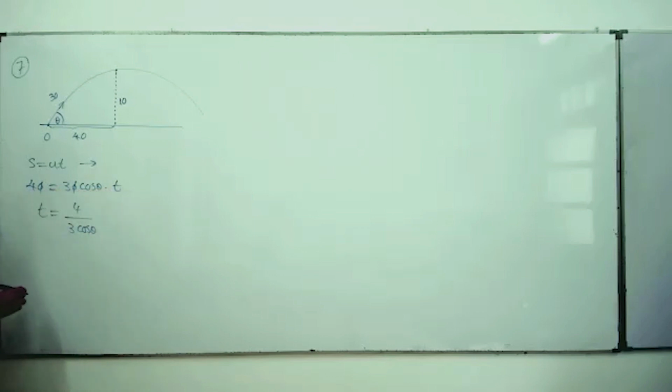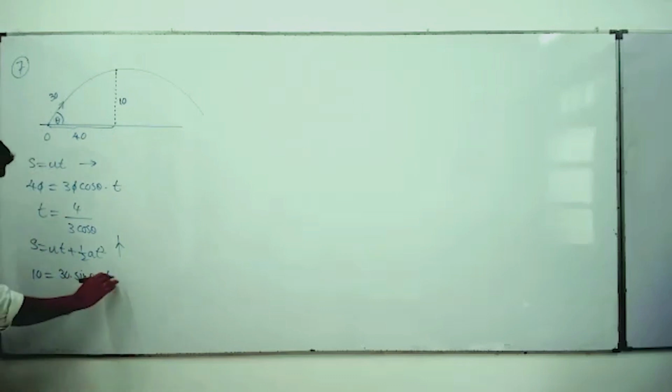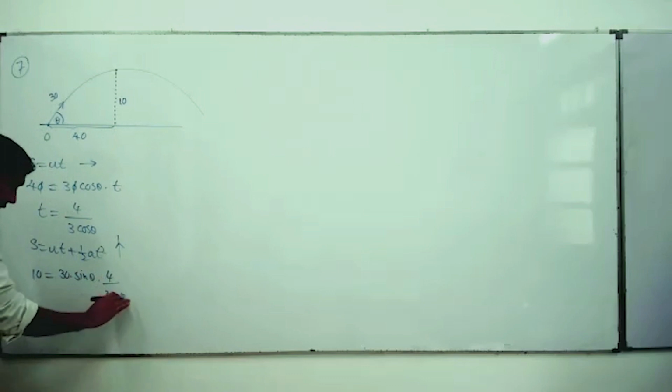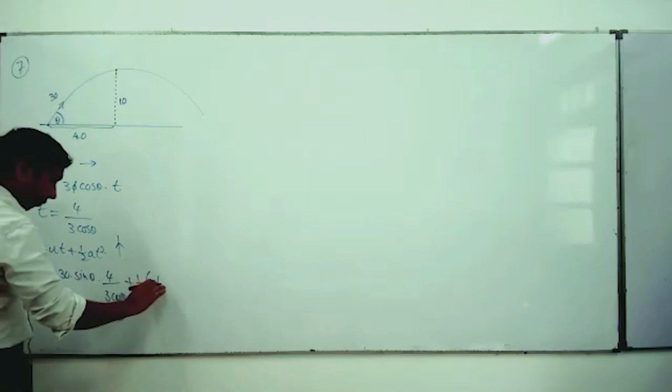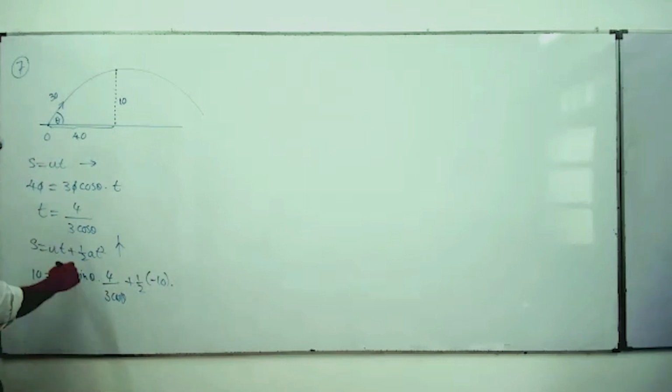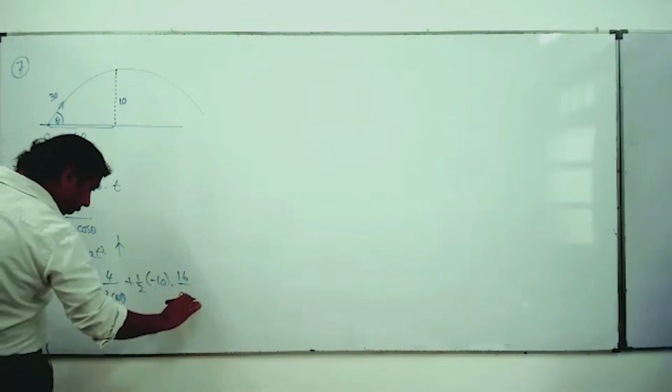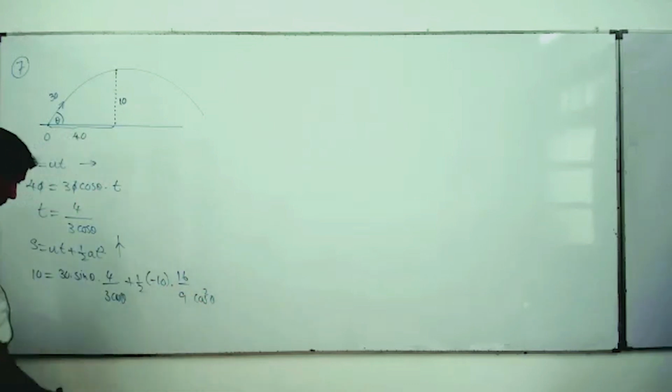Right. Now we can write S equals UT plus half A T squared this way. Then in the vertical direction, U is 30 sine theta. So 10 equals 30 sine theta times 4 over 3 cos theta, plus half A, minus G, G is 10, minus 10 times T squared, 16 over 9 cos square theta. Right?